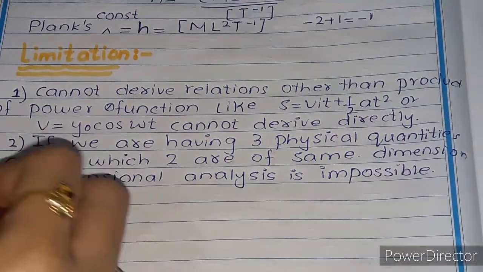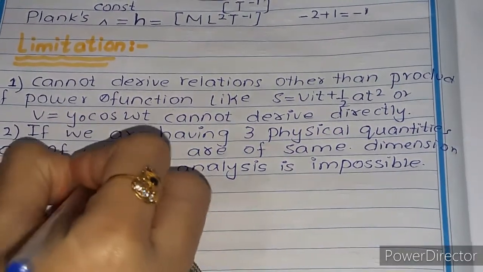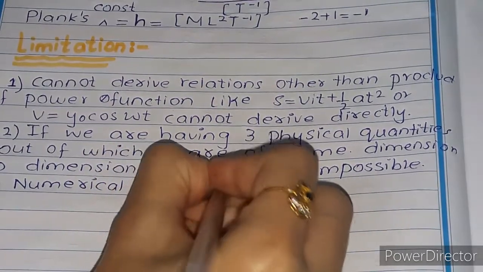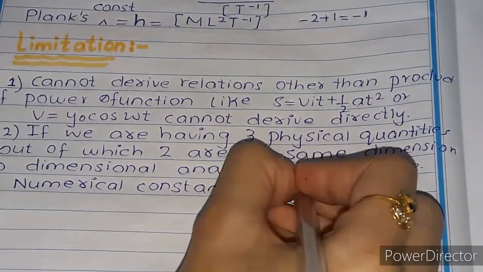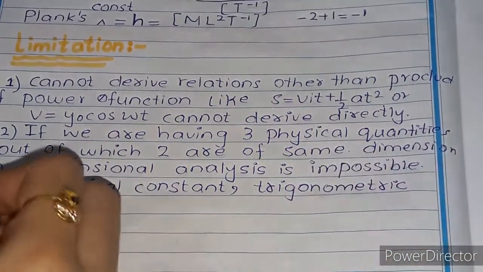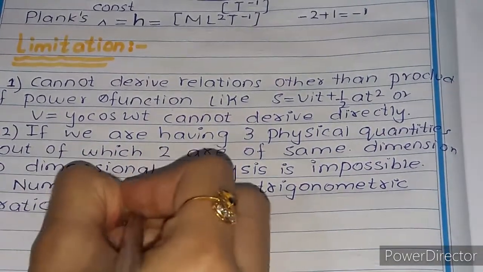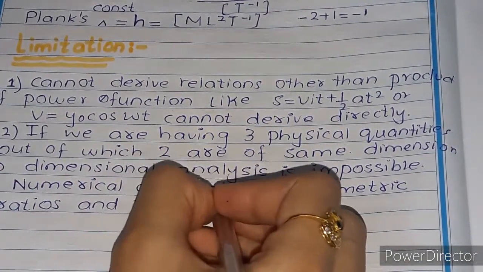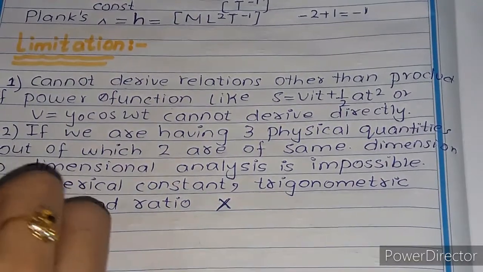Third point is numerical constants and trigonometric ratios are not possible to find.